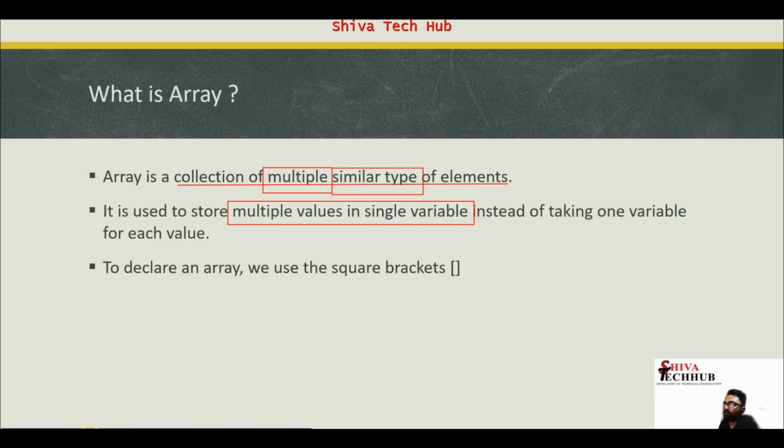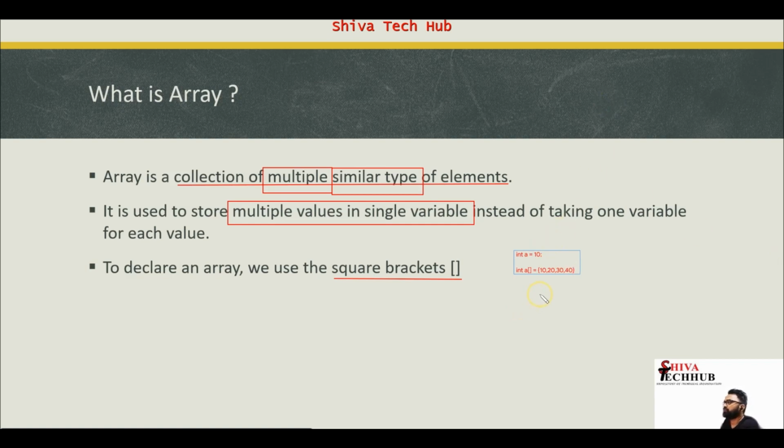Okay, so now in order to declare an array, we will be using the square brackets. Okay, so first let me write down an example between a variable and an array. So for example, int a equal to 10. So this is a variable that holds a single integer value. Now if you consider this, here it is holding multiple integer values.